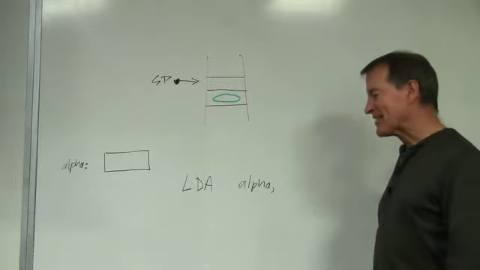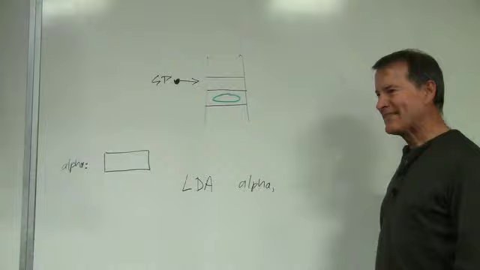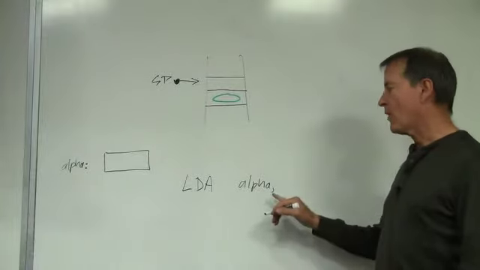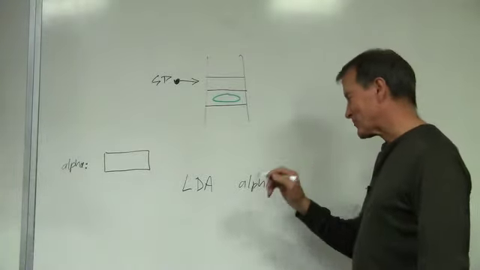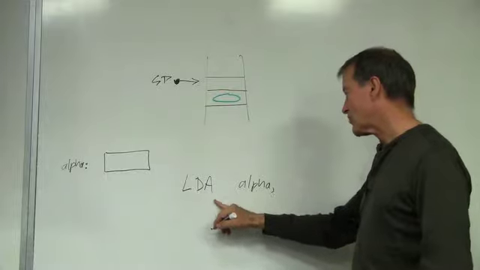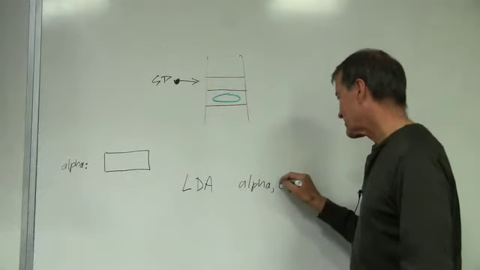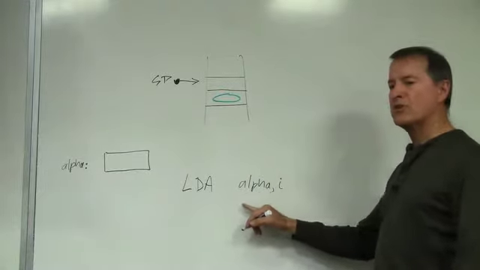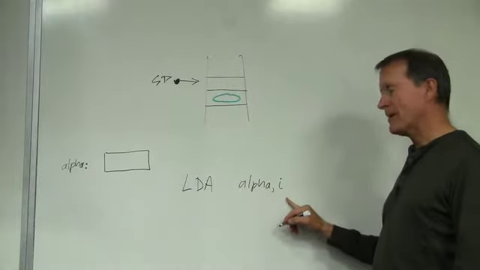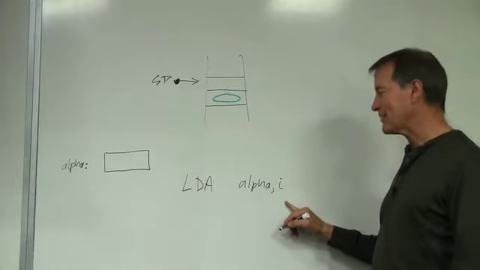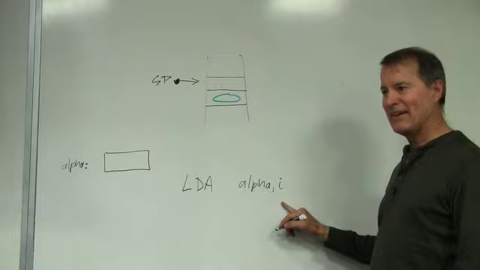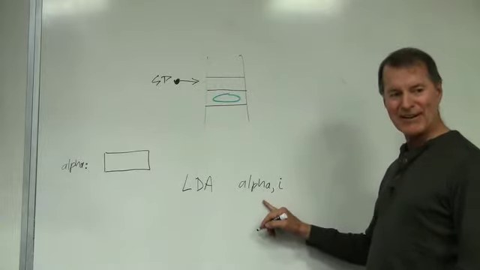That's exactly right. So it's load accumulator alpha immediate. When you say that, what are you putting into the accumulator? The address in memory of where it is.